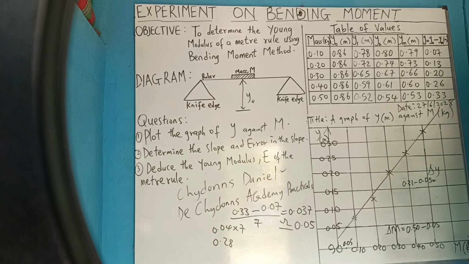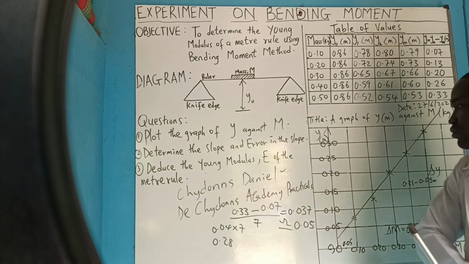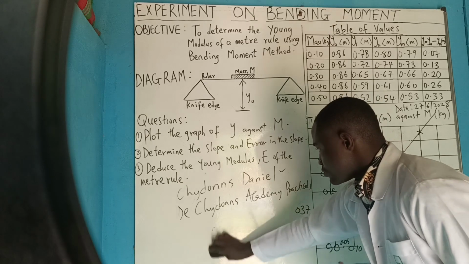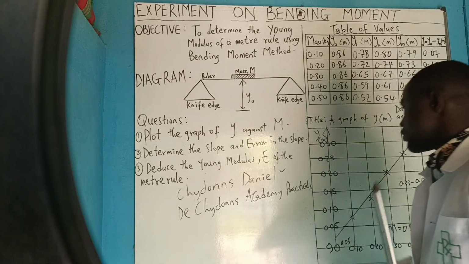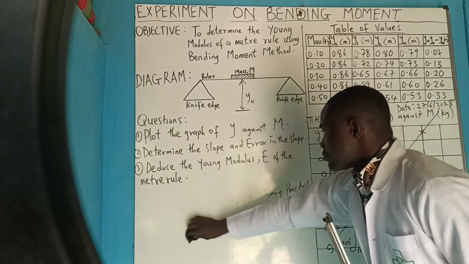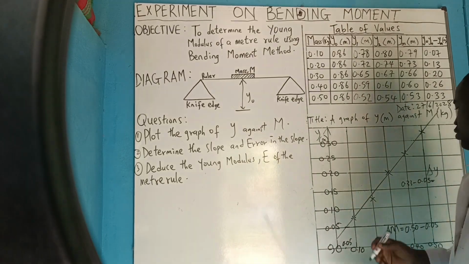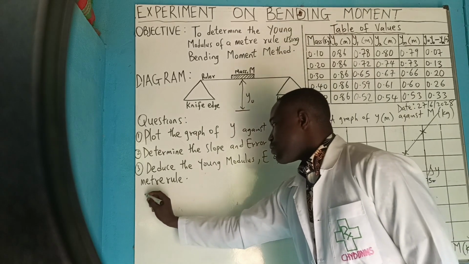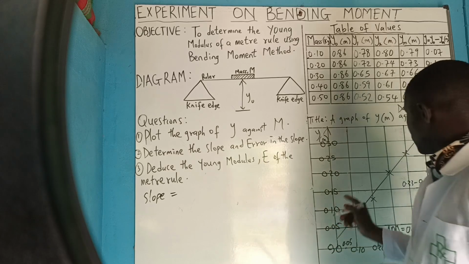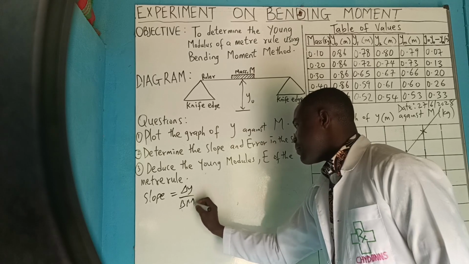And so you have to do your slope. And so you have to say that your slope is equals to change in y all over change in m.